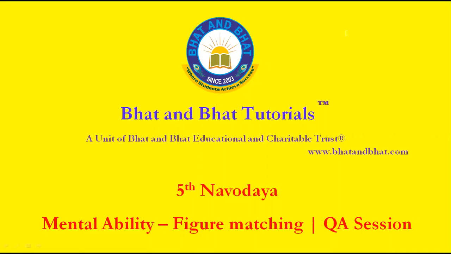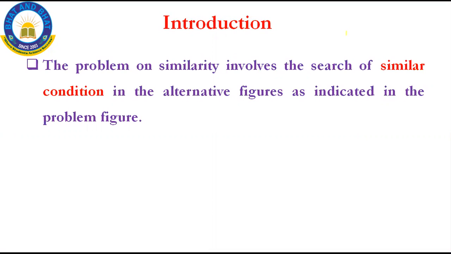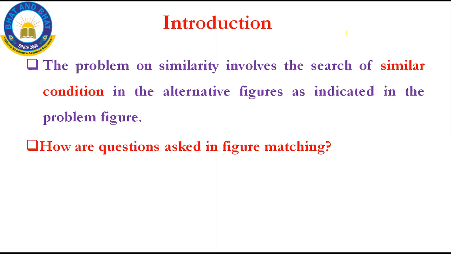In the previous class only we have learned this. In this session also, let us see some more questions based on this chapter. The problems on similarity involve the search of similar conditions. They'll give the problem figures, and you have to find the same problem figure in the answer figures. How will the question be asked here?